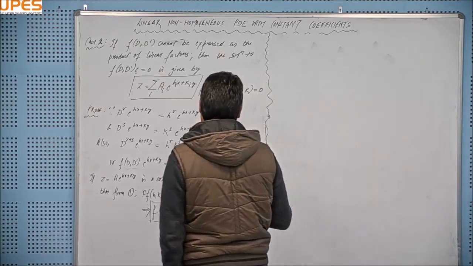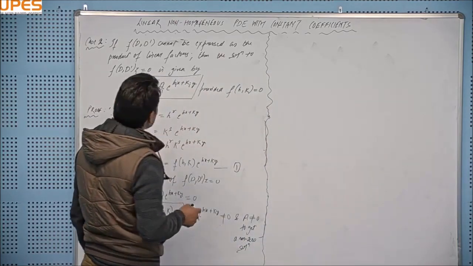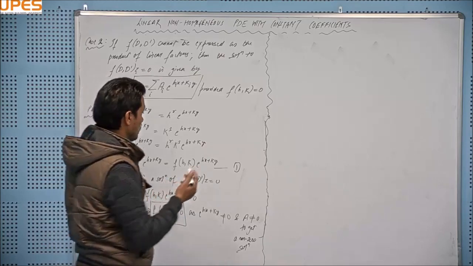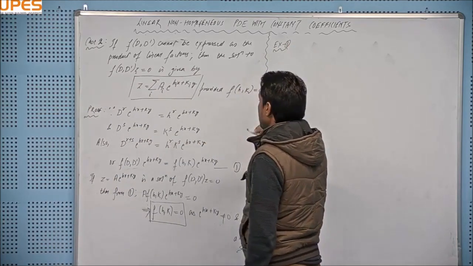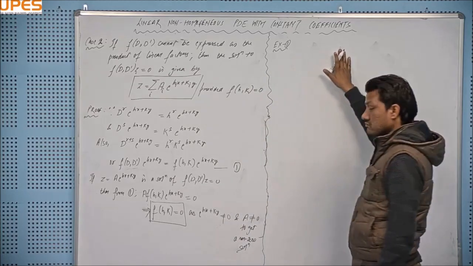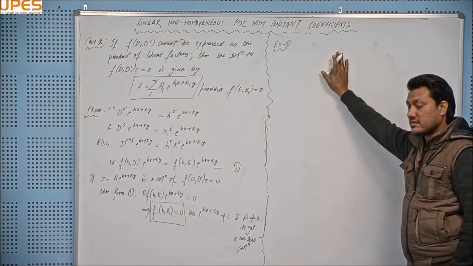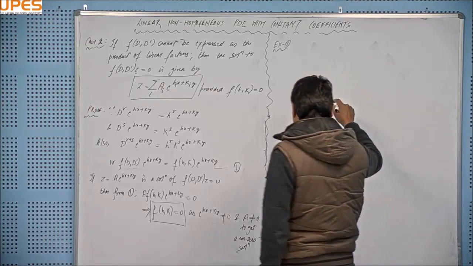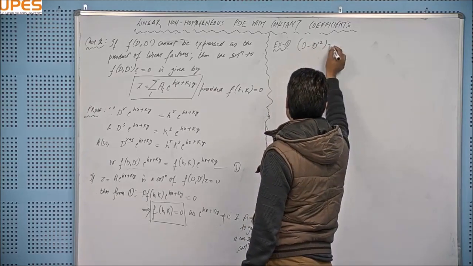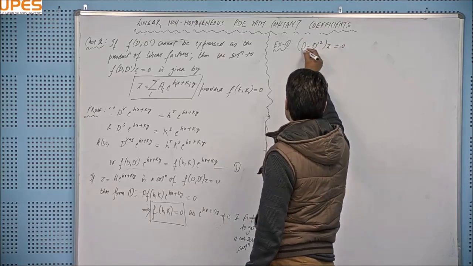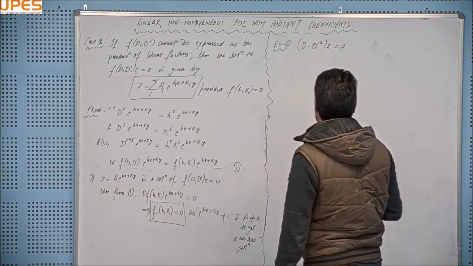Okay, now taking an example of this case number 2, let it be example number 1, right? But this time I have to take some operator which cannot be factorized in terms of linear factors. Okay, example B: (D minus D' square) z is equal to 0, the simplest example, right?